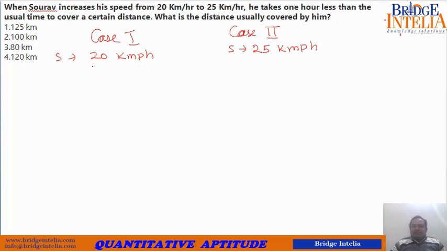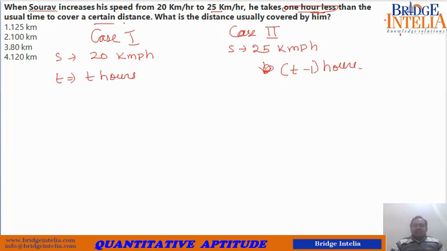When your speed is less, you are going to take more time, or you can say when your speed is more, you take less time. In this case, he is taking 1 hour less. So let's suppose here the time is t hours, and here he is taking 1 less hour, so t minus 1 hours.